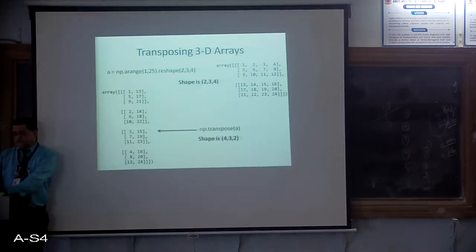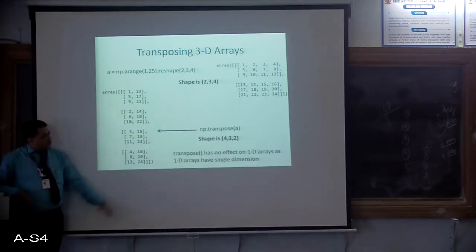So the original shape of array A is 2, 3, 4. When you transpose it, you get a three-dimensional array whose order is 4, 3, 2. That is, this is exactly reversed: 2, 3, 4 becomes 4, 3, 2.